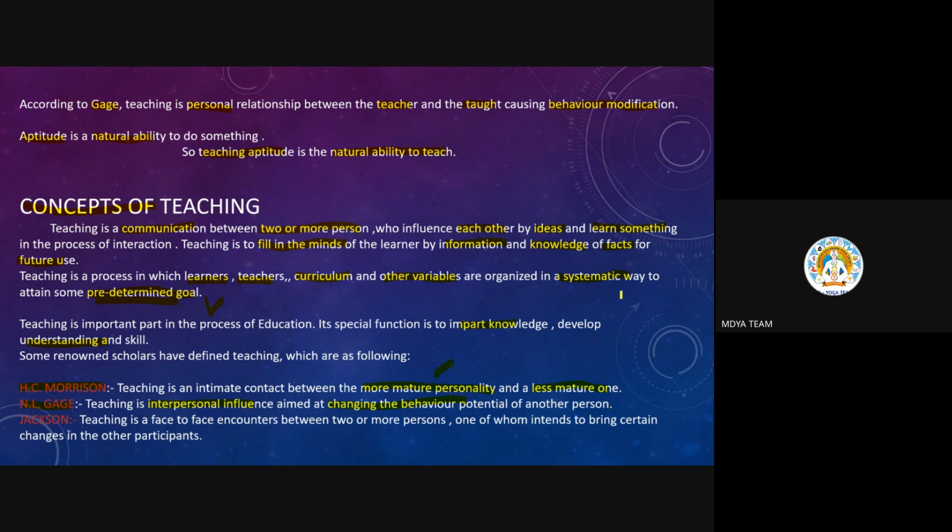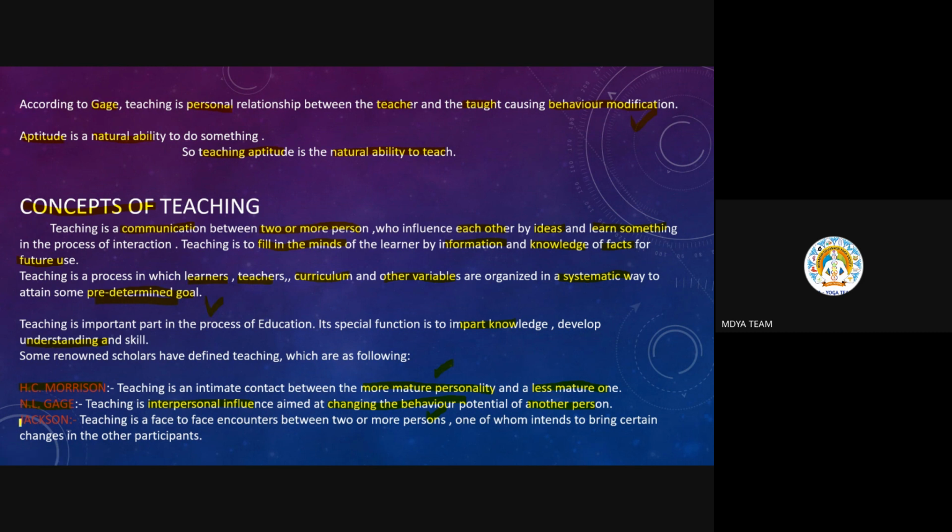So you see that in teaching, there is always some modification, changing the behavior. Okay, some change is happening in this process.